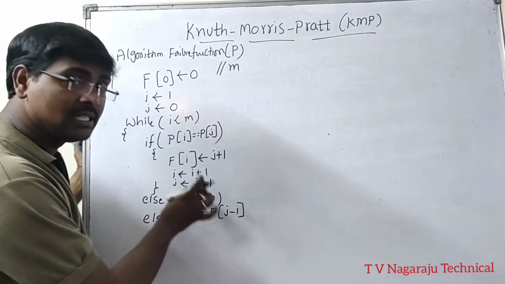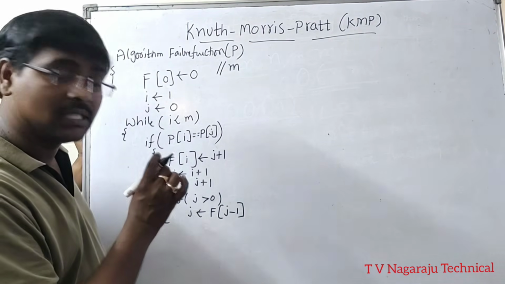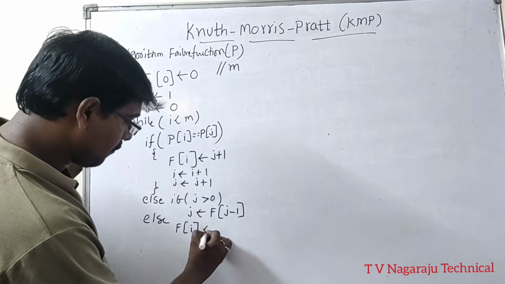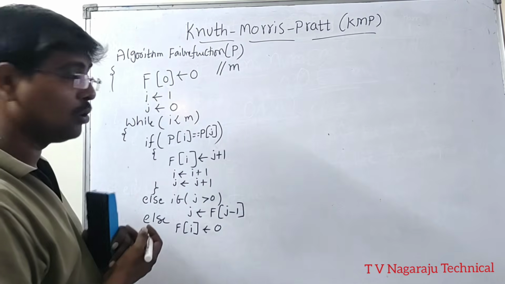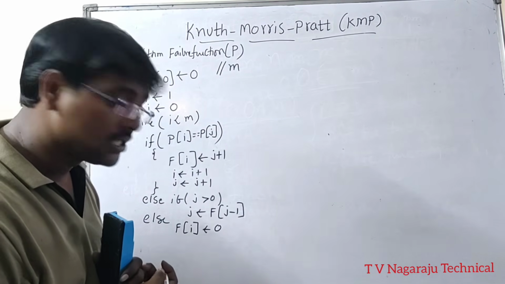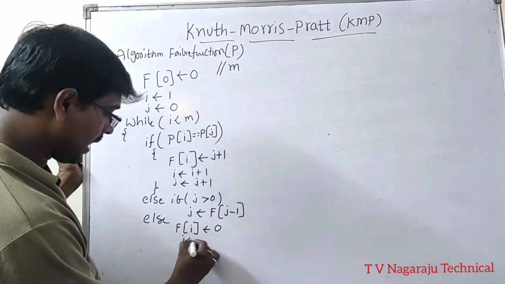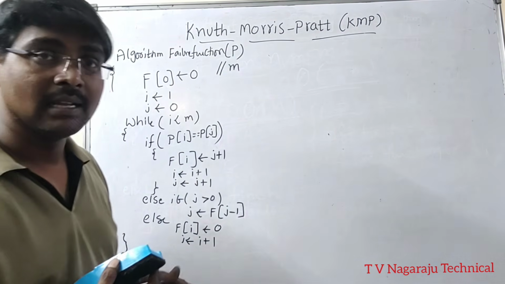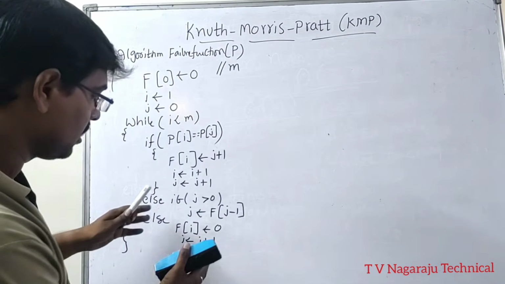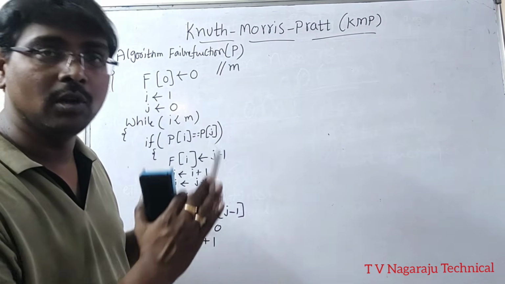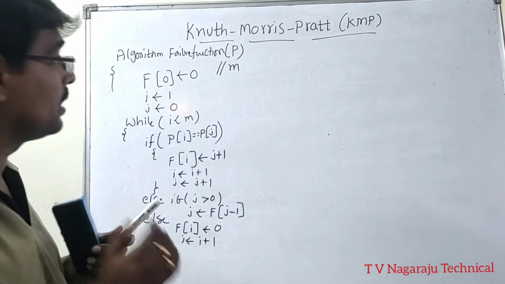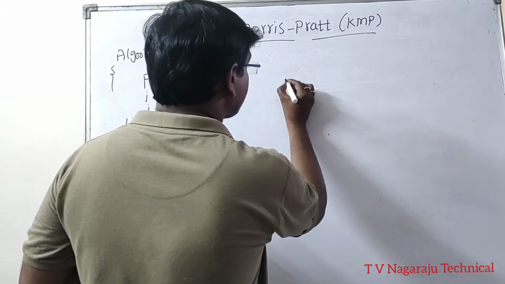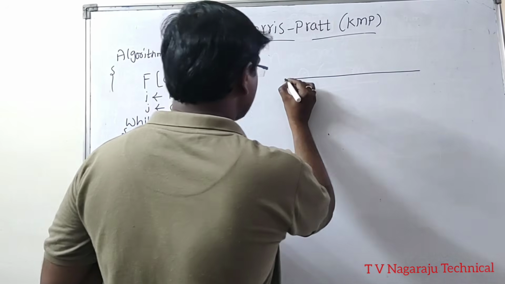Else, if this also fails, then we make F of i equal to 0 and the i value becomes i plus 1. This is the process. This is the algorithm. It is a very simple algorithm. Once we move with one example, you will get the complete idea. Suppose consider a pattern. Assume this is my pattern.